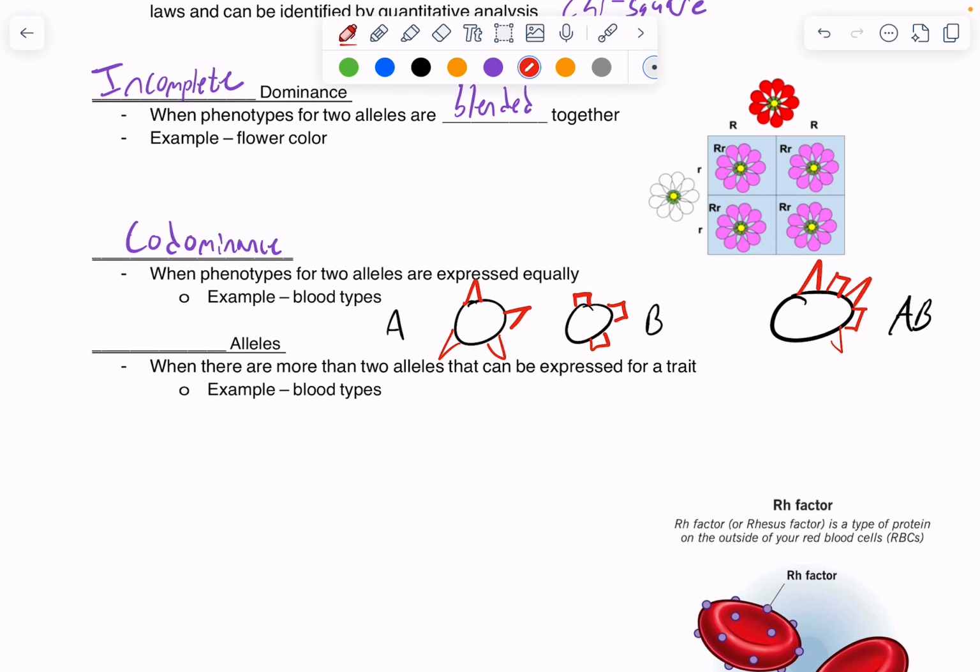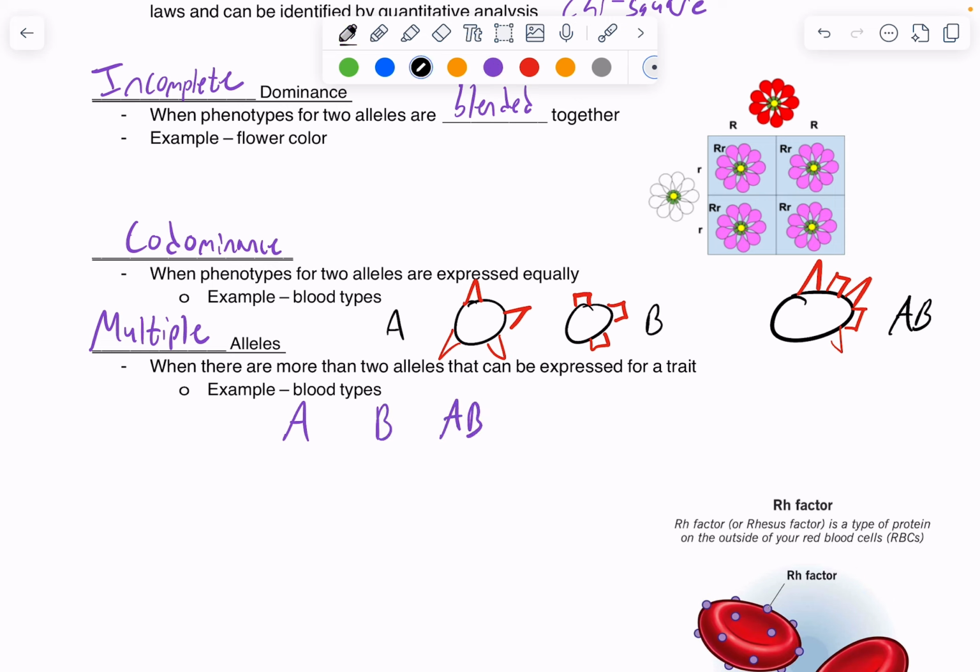And then the next one is multiple alleles. This is when there are more than two alleles that can be expressed for a trait. Typically we talk about big A and little a. In multiple alleles, that extends past those two. With blood types, you can be type A, you can be B, and we just mentioned you could be AB.